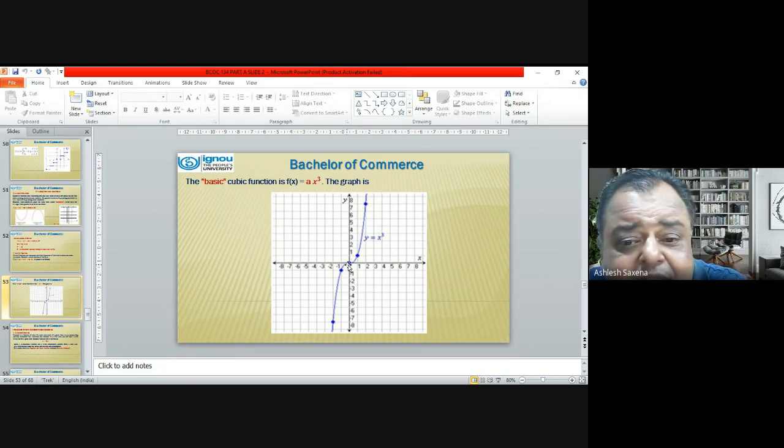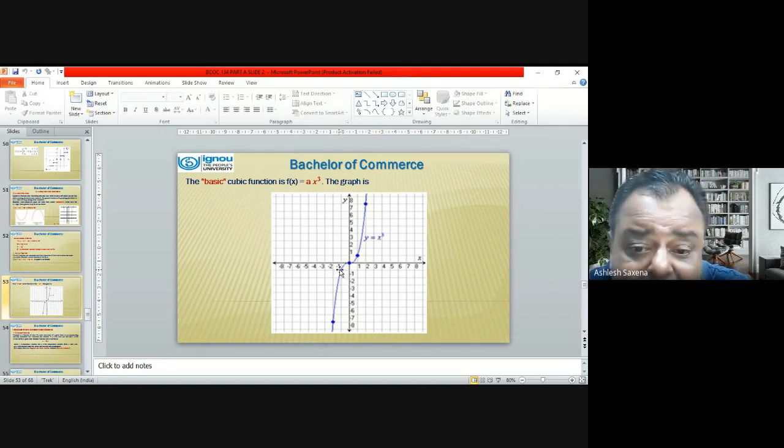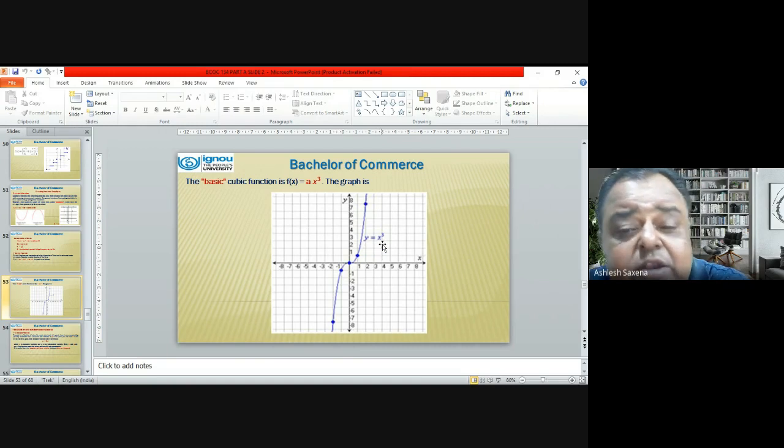If we take the value of x as 0, y will be 0. If you take x equal to 1, 1 to the power 3 is 1, so y will be 1. And if you take x equal to minus 1, minus 1 raised to the power 3 will be minus 1, so it will come over here. If you take 2, it will come 8. And if you take minus 2, it will give minus 8.